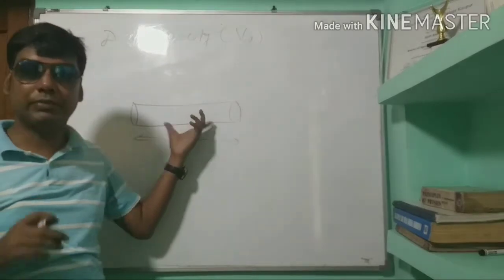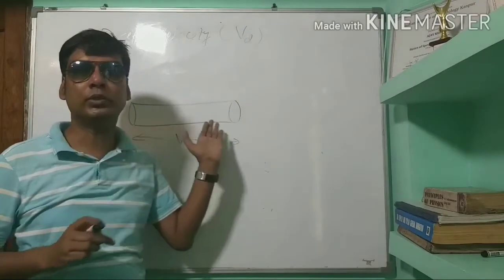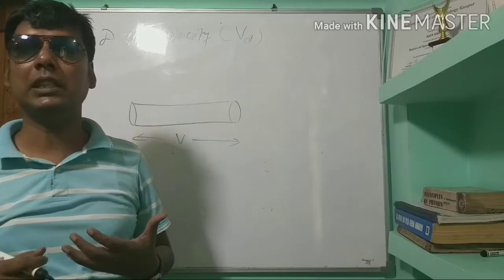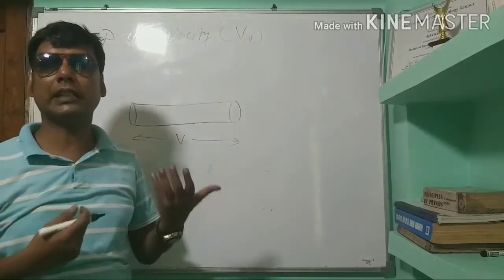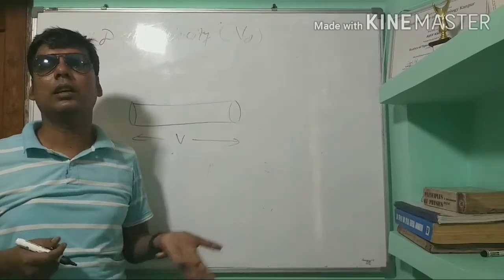The free electrons in it move with an average velocity opposite to the direction of the electric field. That is called drift velocity.